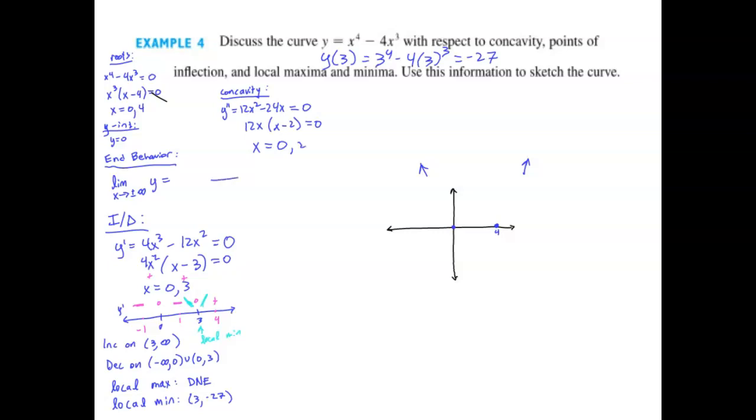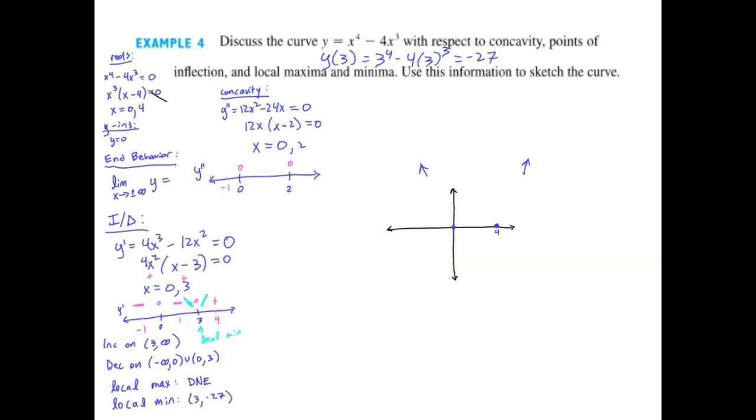And then I'm going to do what I did with the first derivative. I'm going to plot them on a number line. But now what I'm interested in is knowing the value of the second derivative. I want to know where it's positive or negative. So I'm going to do the same thing and test values on that number line in between those critical values. Let's take negative 1.